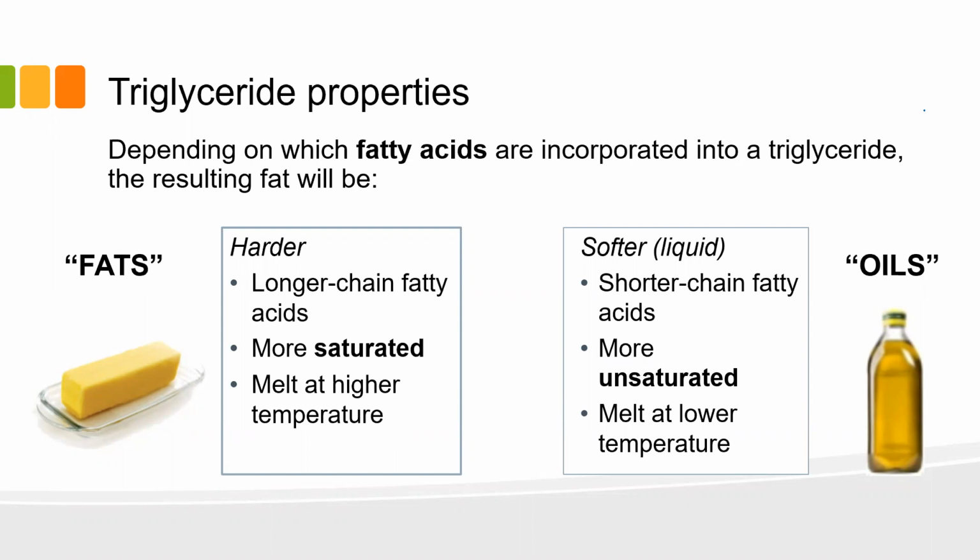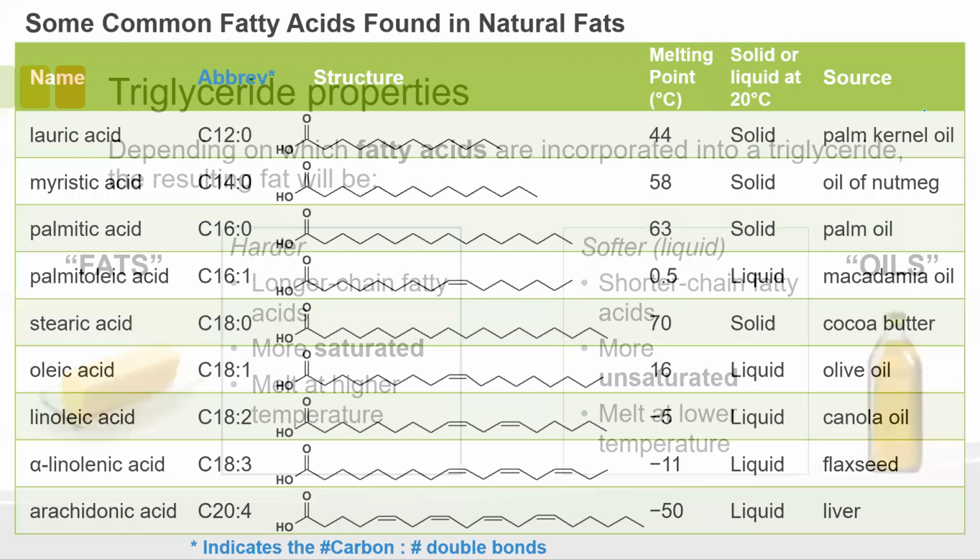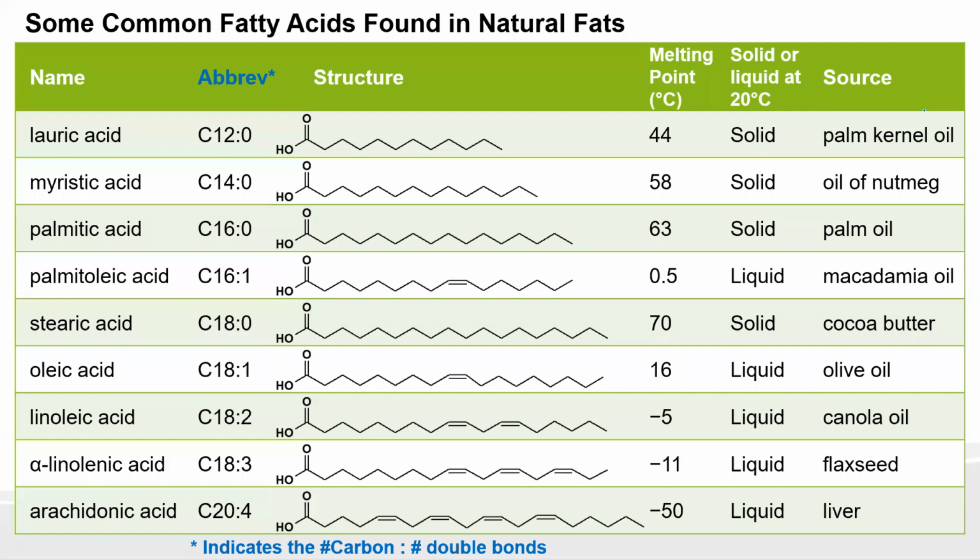And so I want to show you some fatty acids here. I think I've got a chart. Here we go. Here are a few fatty acids that are found in dietary sources. I don't know how many there are, probably hundreds, but at least 100, I'm pretty sure. And there are some really weird ones out there, but these are some of the really common ones.